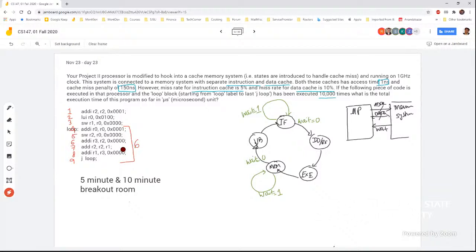Given that these 6 instructions are executed 10,000 times, we can say that the total is 60,000, which is 6 times 10,000, plus these extra 3.